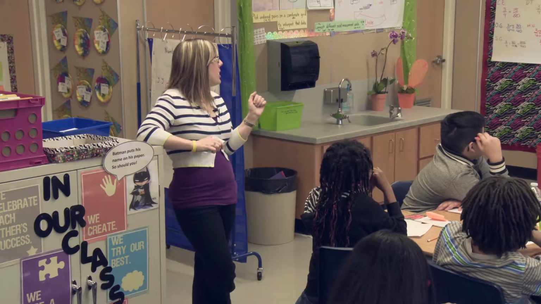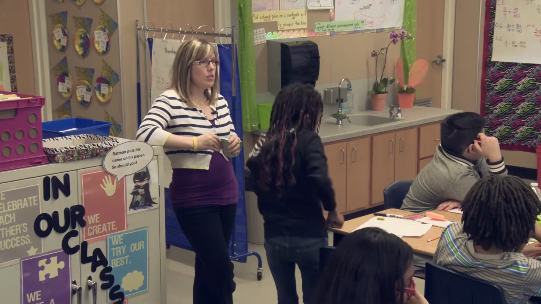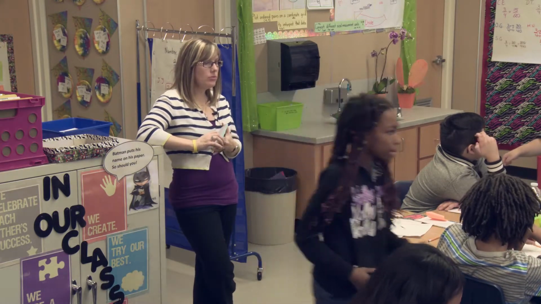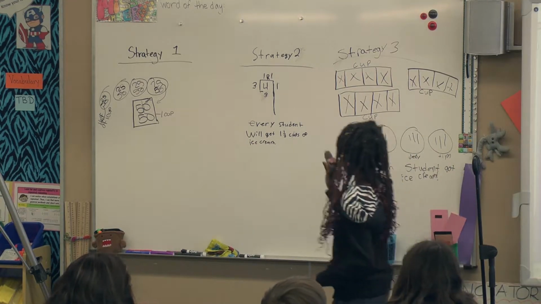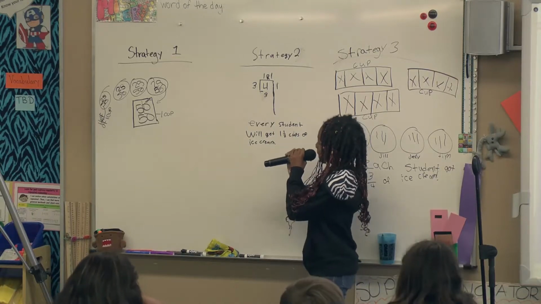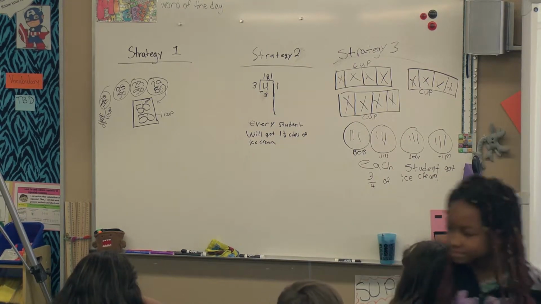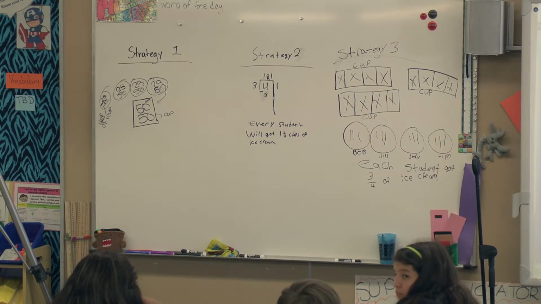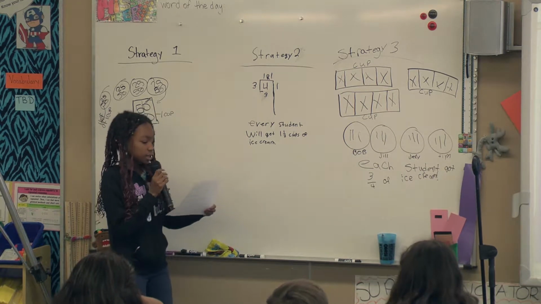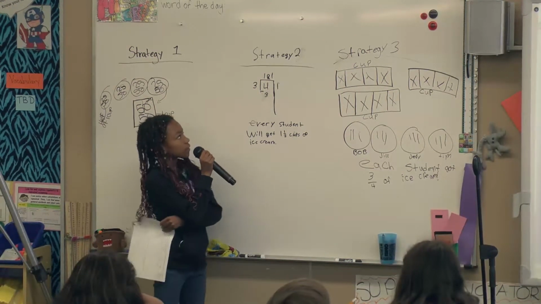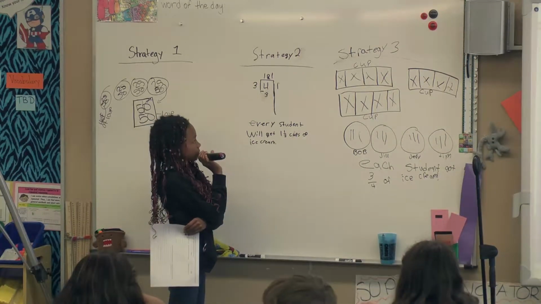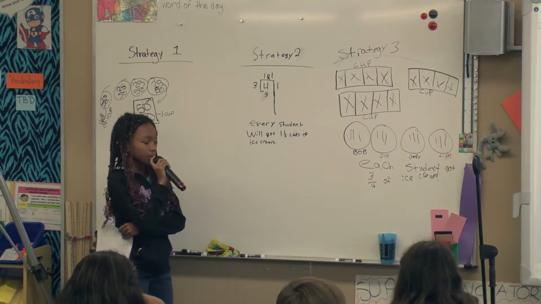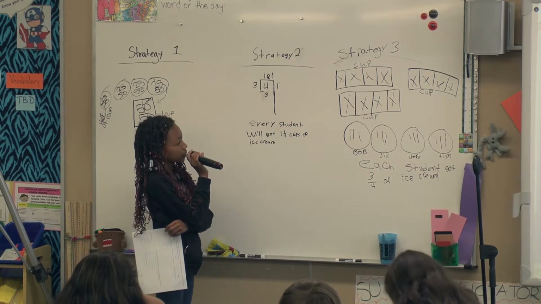All right, let's go with strategy 2. Remember to refer back to the problem. What I did was I divided 3 by 4, and I got 1 and remainder 1, and so I changed it to 1/3.